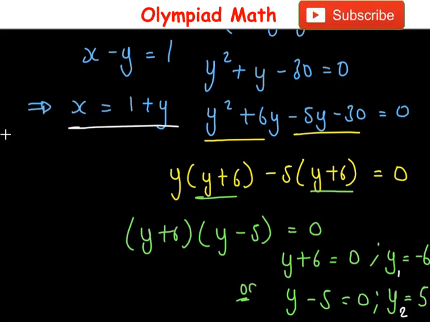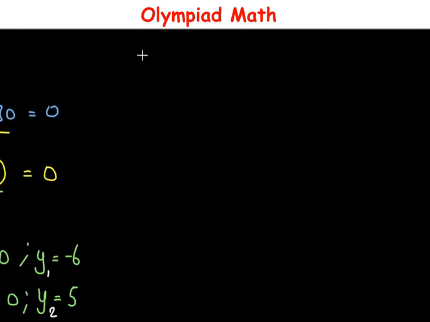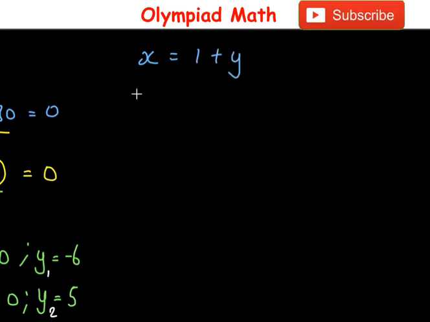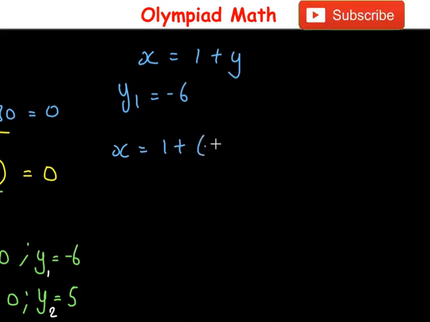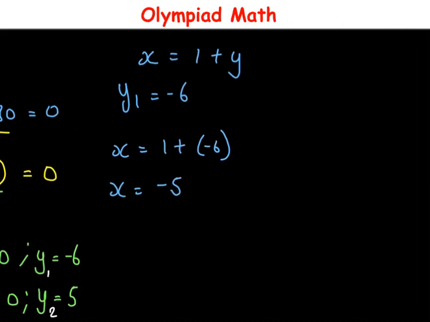For y1 equals minus 6, the value of x equals 1 plus minus 6, so x is equal to minus 5. This is the first solution for the value of x. Now what of y2 equals 5? Here, y2 is equal to 5. Also input the value of y as 5 into this equation.